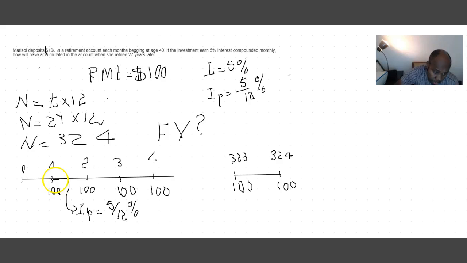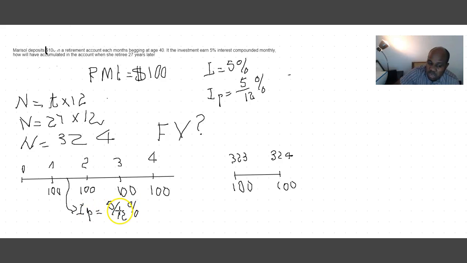There is no earning in the first month, but in the second month Marisol will earn 5 over 12 percent on the $100. That's going to be her first earning. It's not 5%. I would like to remind you, the 5% is every year. It's 5 over 12 percent.